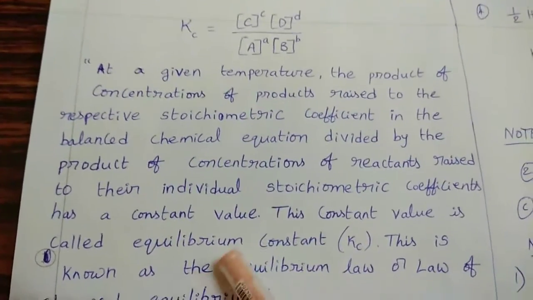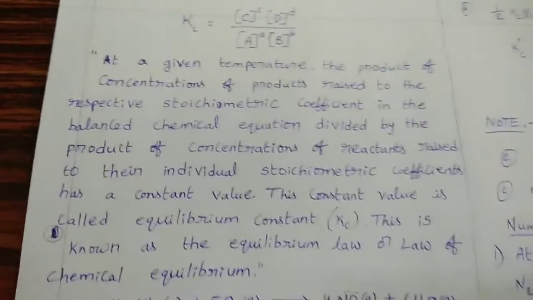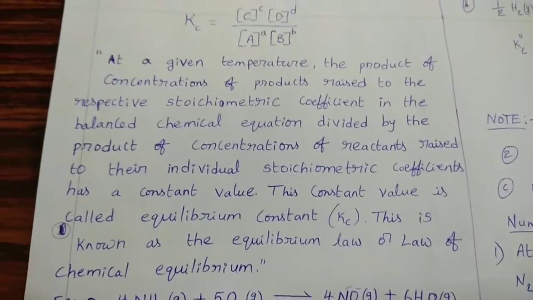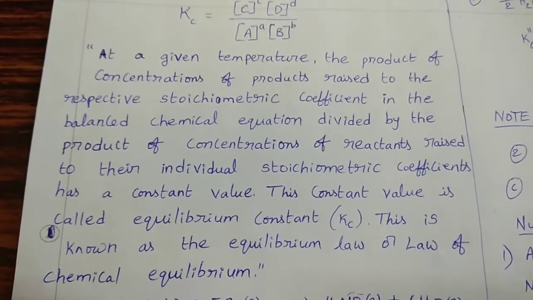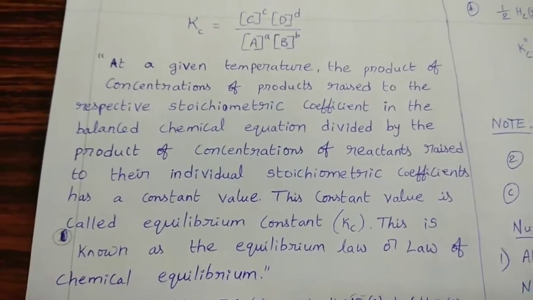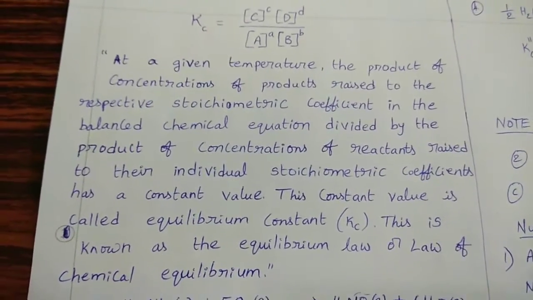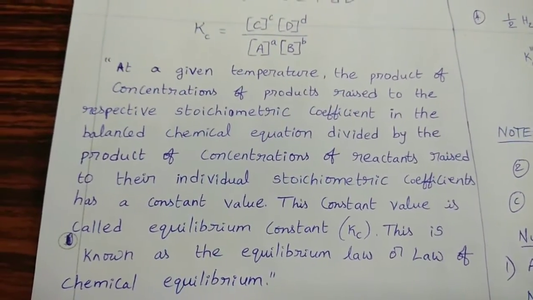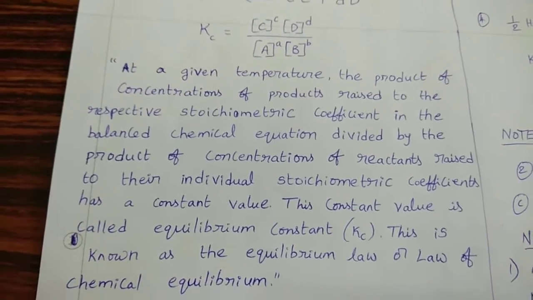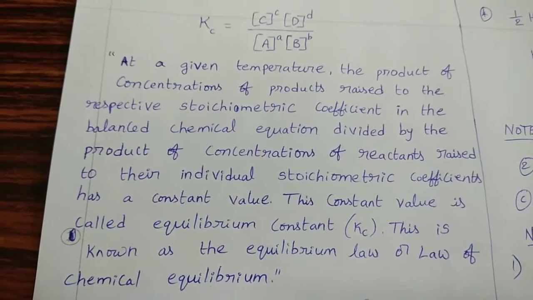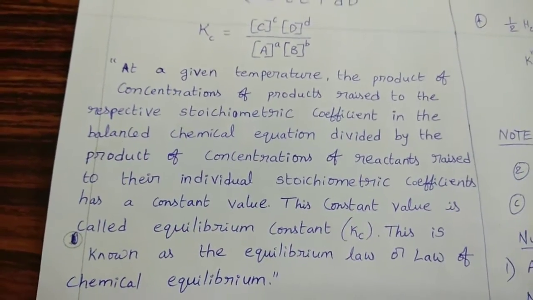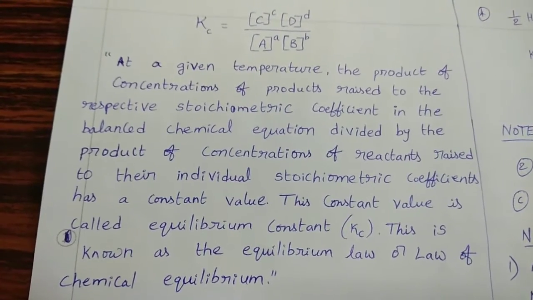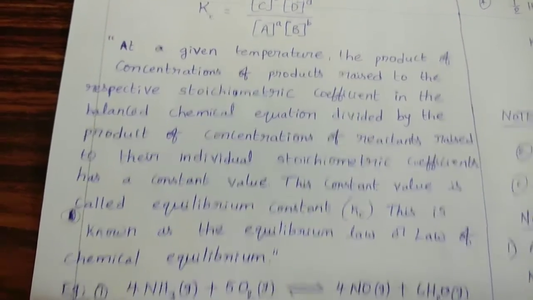This constant is called the equilibrium constant. This is known as the equilibrium law or law of chemical equilibrium. That constant value is called the equilibrium constant, generally represented by Kc.